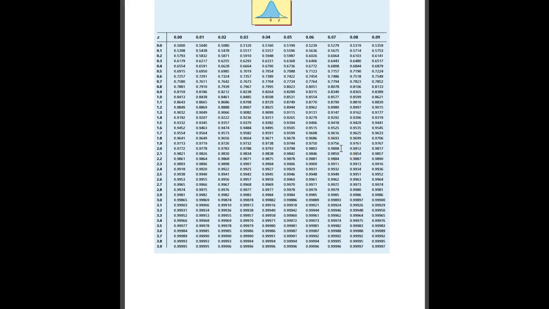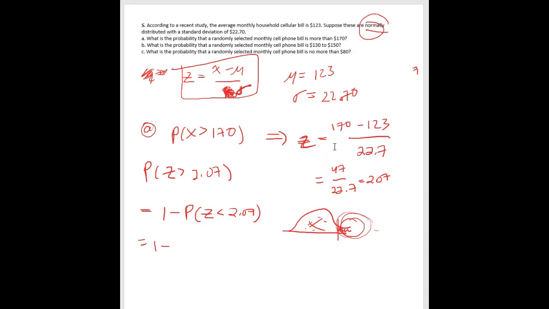Okay, so we're at 0.9808. So then we go back here, and we have 1 minus 0.9808, which is just going to equal 0.0192. Okay, that's that. So that is our answer for A.